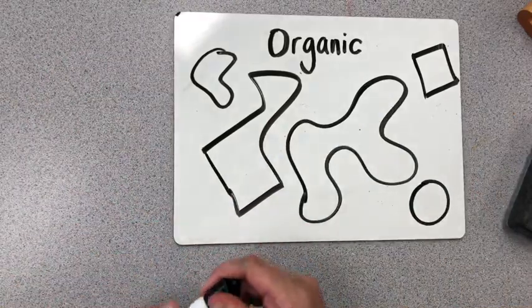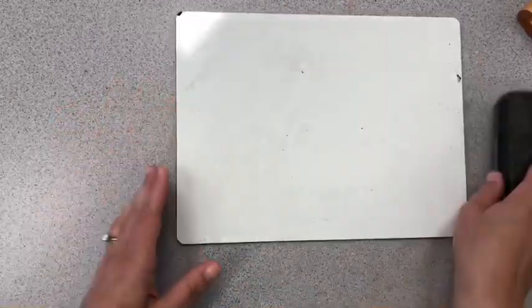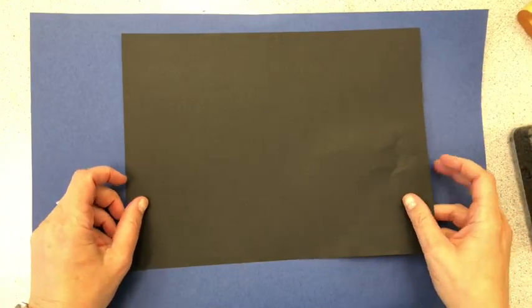Now, to make our bats today, we are going to be using geometric shapes. And I'm going to be doing mine on a piece of blue construction paper. That's going to be my background, and I'm going to make my bats out of black construction paper.